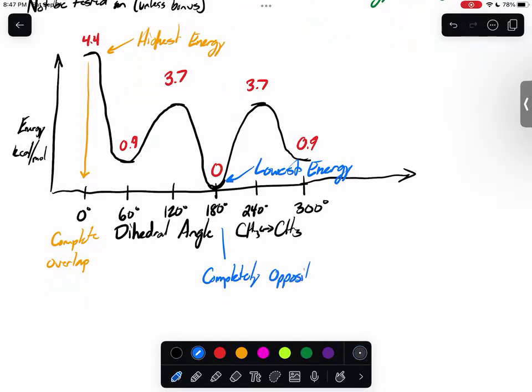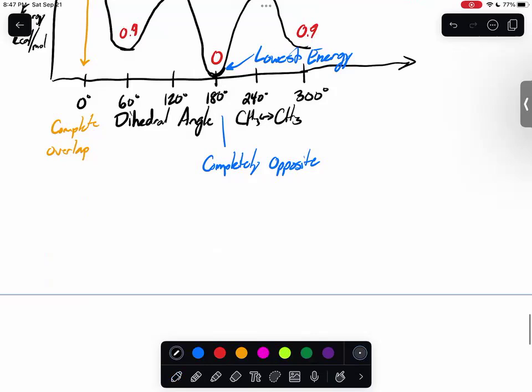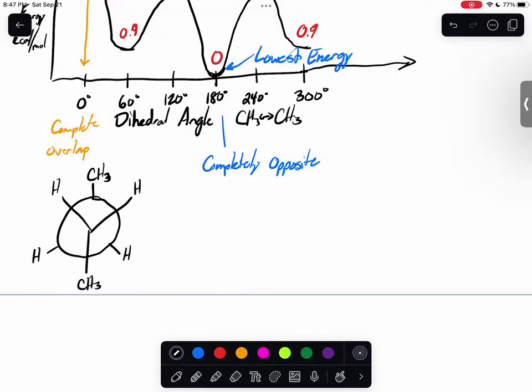And these actually have names. All right, so if we take a look at this Newman projection, where the carbons are 180 degrees apart, this here is what we call the anti-conformer.